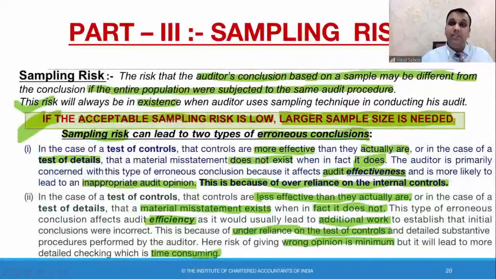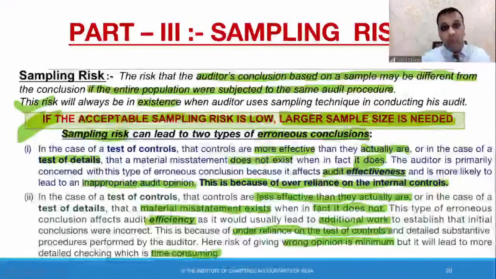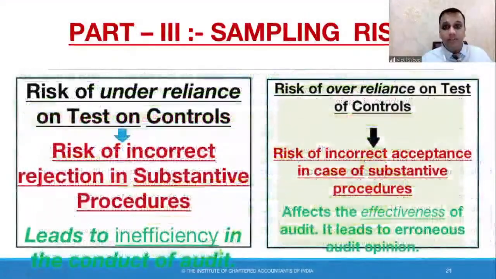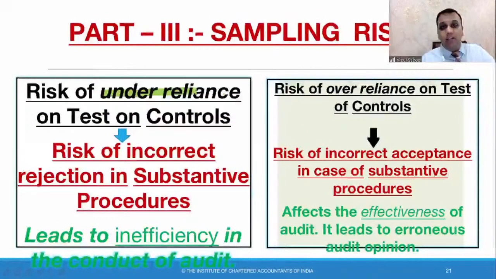And thus, when the sample does not correspond to the population, sampling risk comes into place. Yes, both the points are opposite of each other. This is what sampling risk is. So here is the crux of sampling risk. If there is a sampling risk of under reliance, you are not relying on the test of controls much.